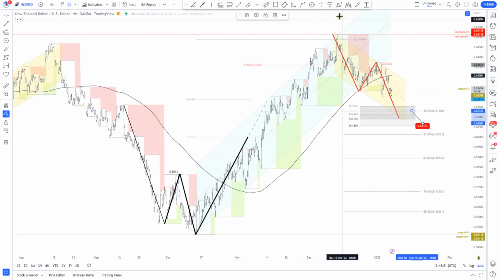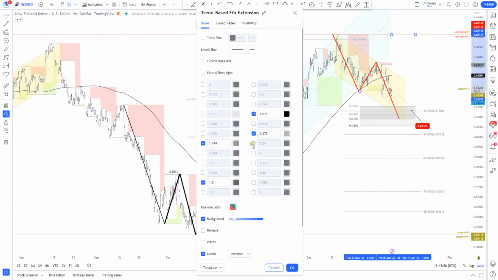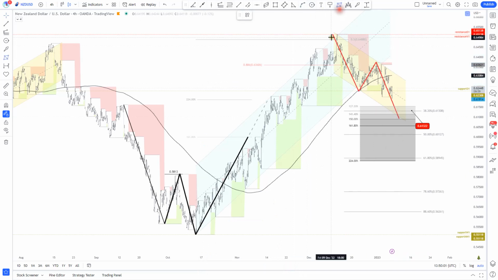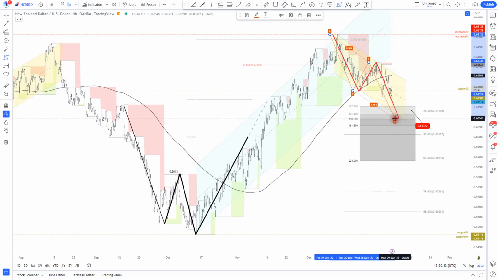The pattern can extend to 224 or 241, but all those variables will be considered as potential completion points for the ABCD pattern. I'm focused on the symmetry of the move, so I'm focused on a symmetrical projection, and I will point to these lows at 60.95, 60.90.